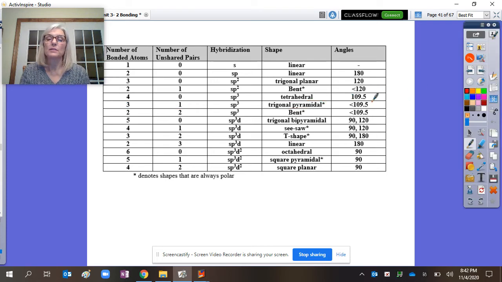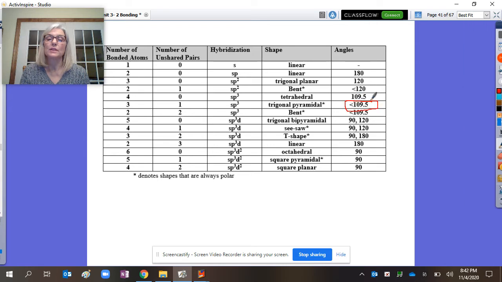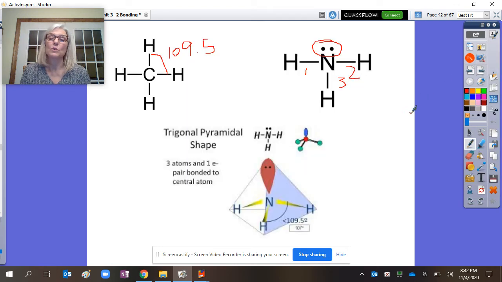Now notice the difference. The bond angle is less than 109.5 degrees. So you would write that beside your structure.